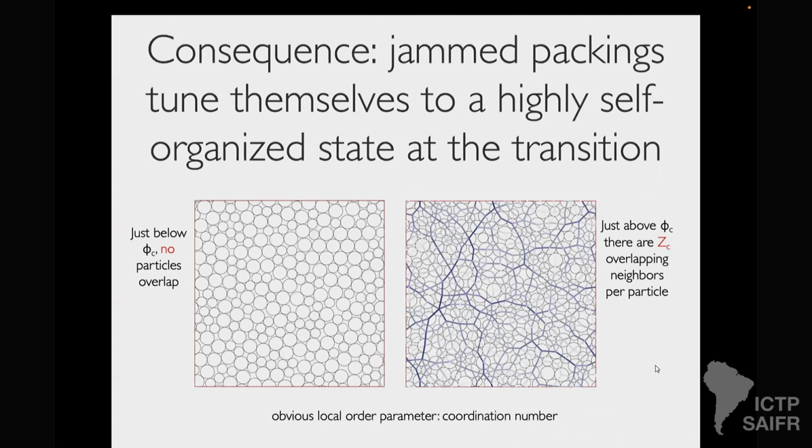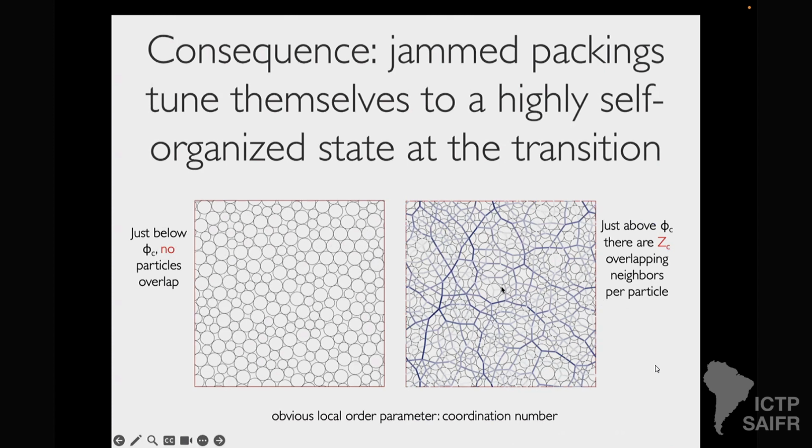Okay, so, what's the consequence of this sort of constraint counting? So jam packings tune themselves to a highly self-organized state at the rigidity transition. So what I mean by that is, here's a picture of a packing of particles at a density just below the critical density at which they become rigid. And so no particles are overlapping here.